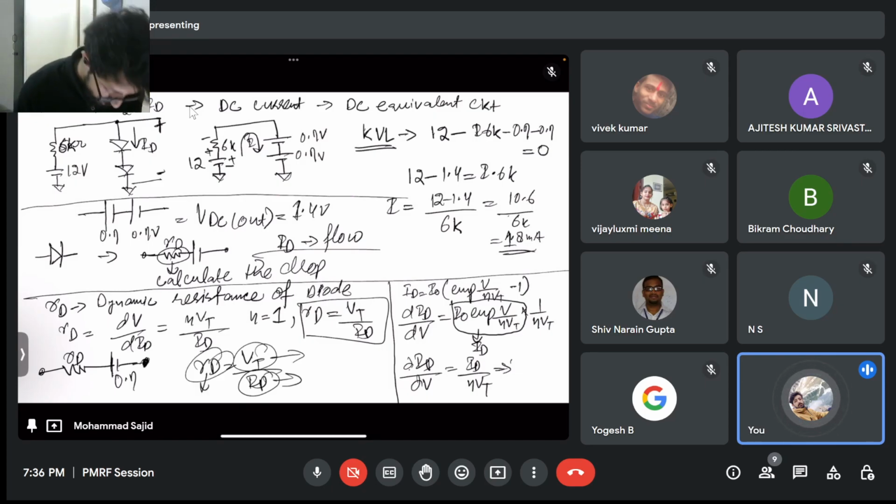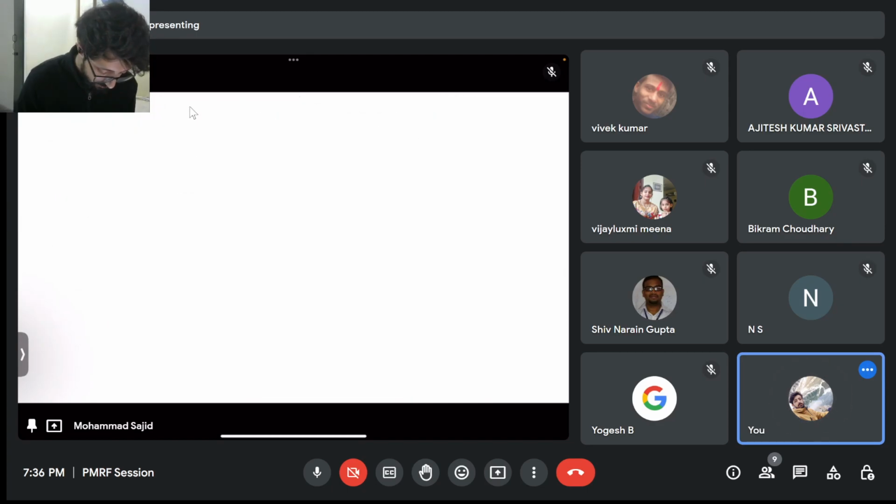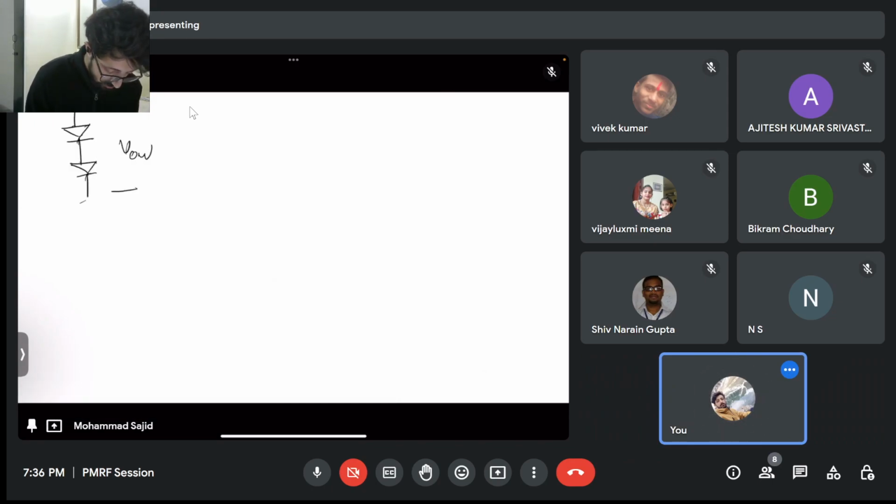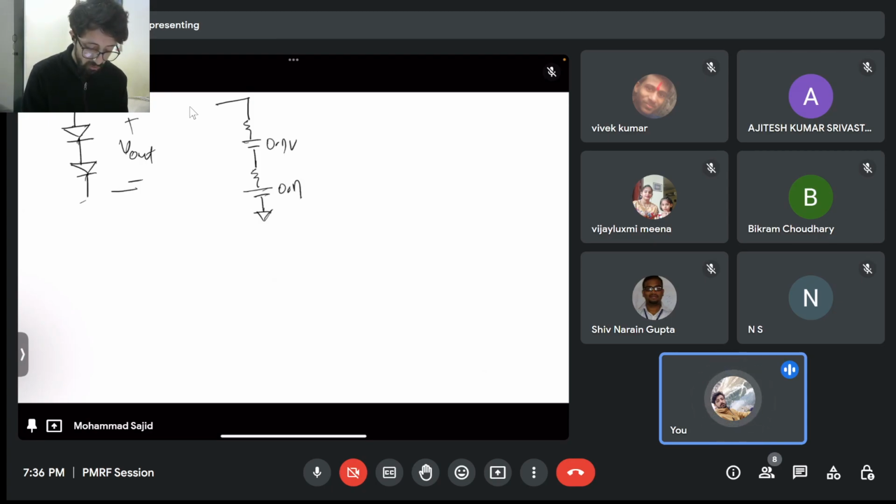But in this case, you have to find the diode voltage, the voltage across these two diodes. Now, as I said, these will be replaced by 0.7 volt, 0.7 volt. Can anybody tell me what is the voltage across these resistors?